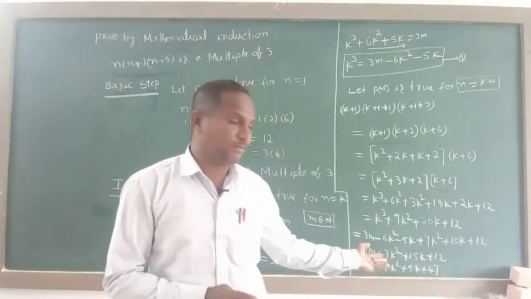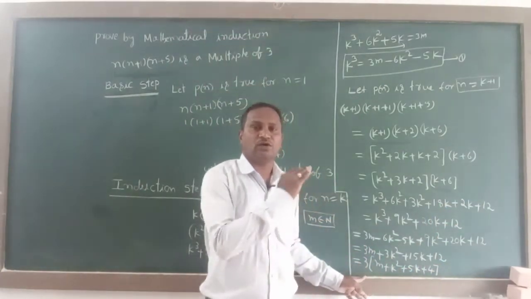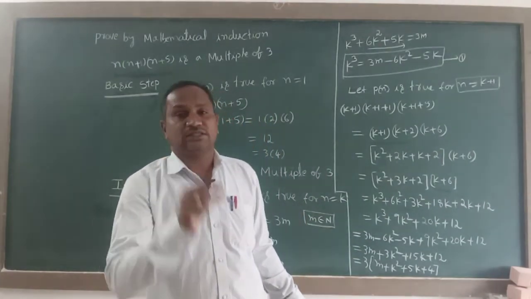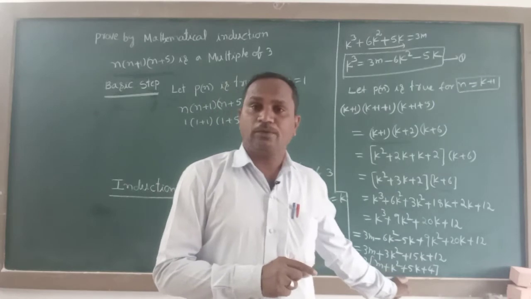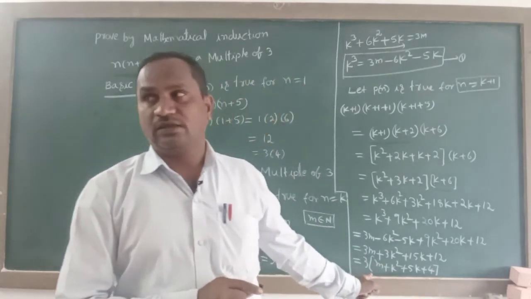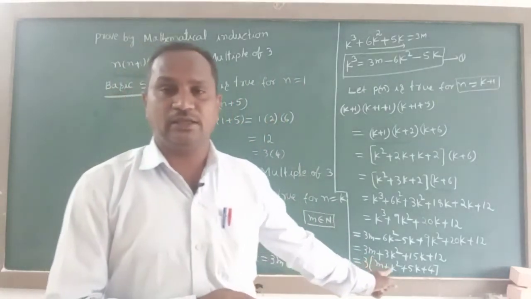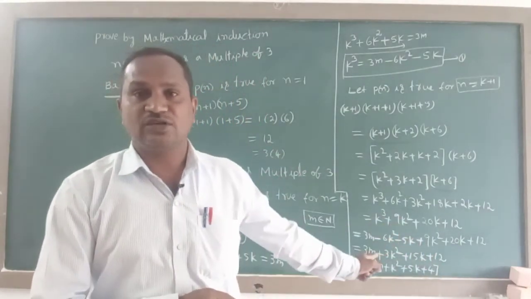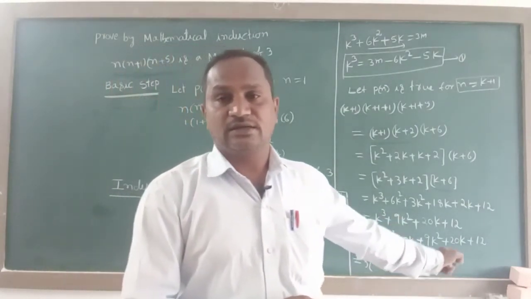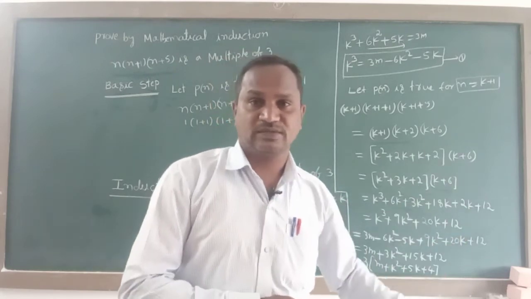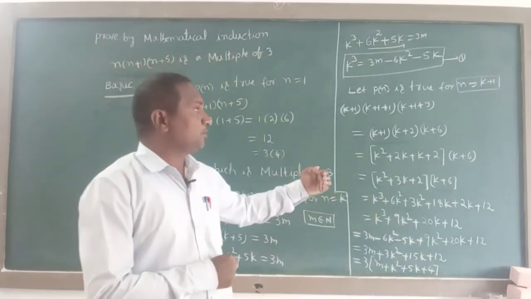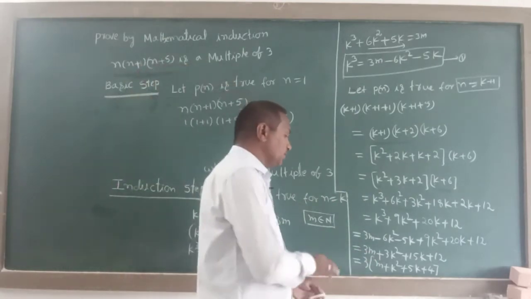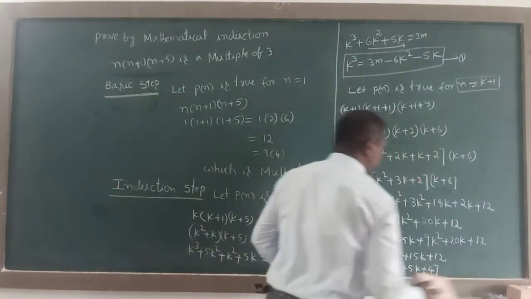We don't know that number, but finally the bracket part has a product with 3. When it has a product with 3, we can easily tell it is a multiple of 3, and at the same time divisible by 3. That is how we give the proof for n is equal to k plus 1 also. But finally, write the words like this.